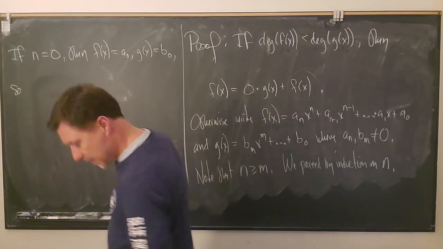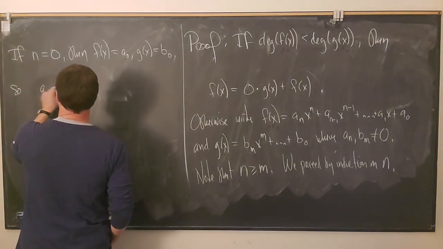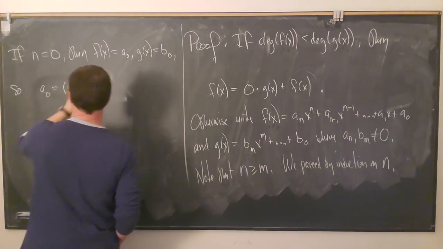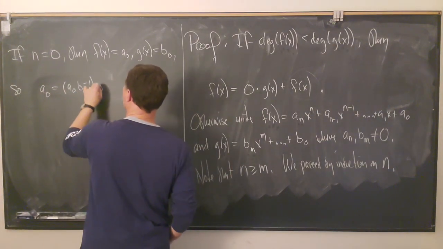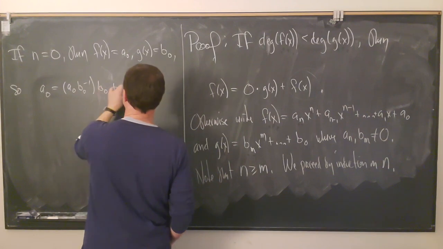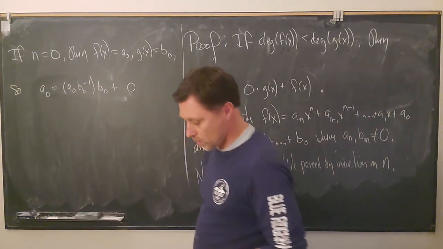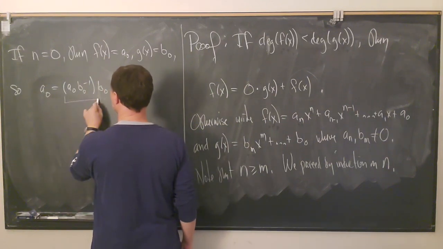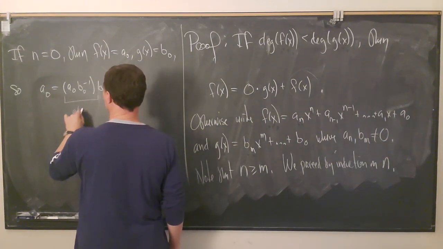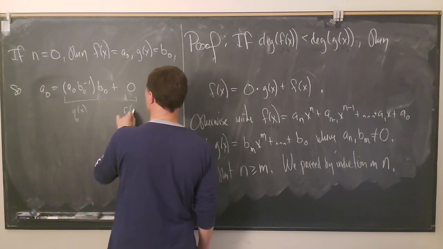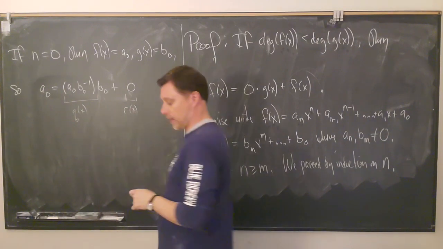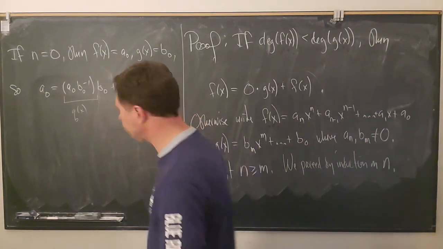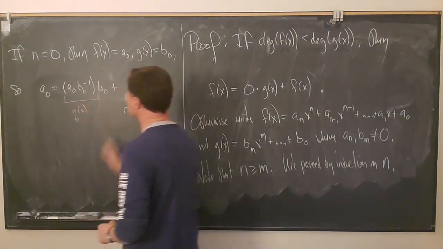So a0 is equal to a0 times b0 inverse times b0 plus 0. So this right here, that's my q of x, and that right there is my r of x. Okay, so there's our base case.